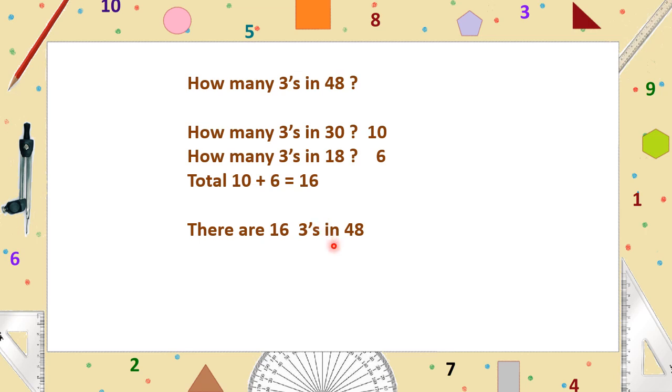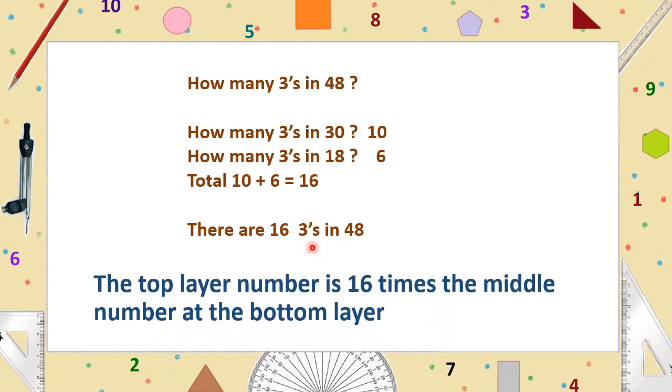That means 48 is 16 times 3. That means the top layer number is 16 times the middle number at the bottom layer.